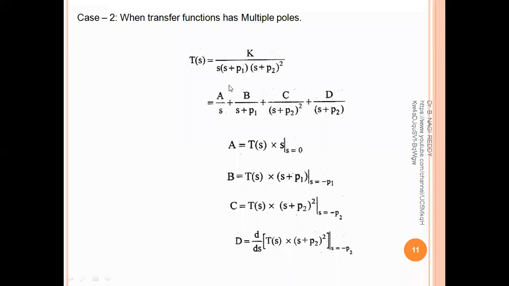In the same way, we must multiply this s with the transfer function and substitute the pole, which is 0, because it is s plus 0.